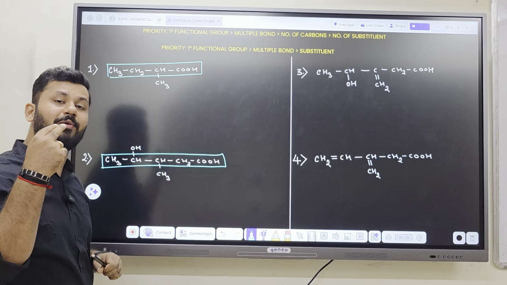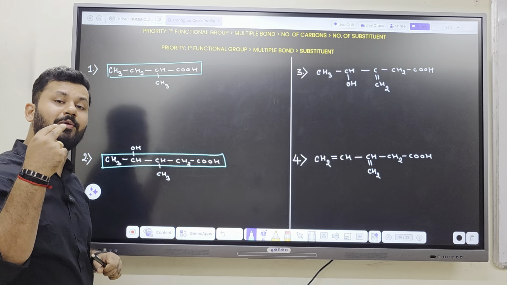Likewise, here is my PCC. Sir, why did you go down here? I went down here because there is a multiple bond present. So there is a multiple bond, there is a functional group. My first job is to check that I'm assigning minimum number to the functional group.